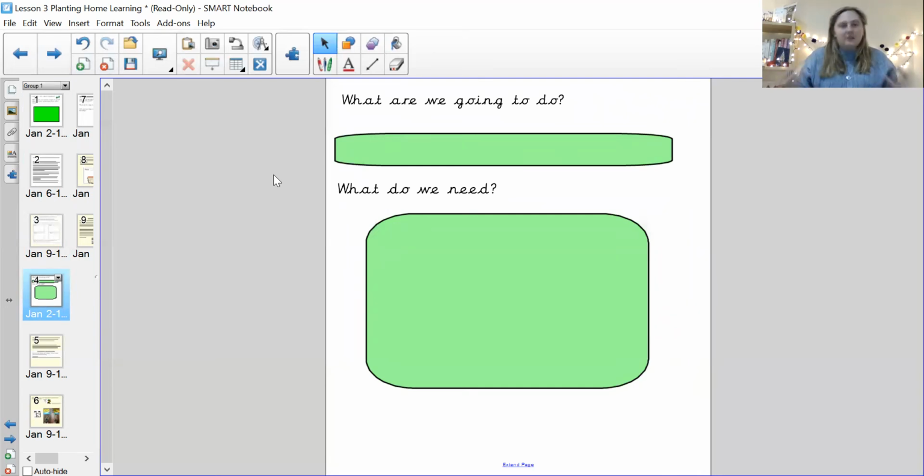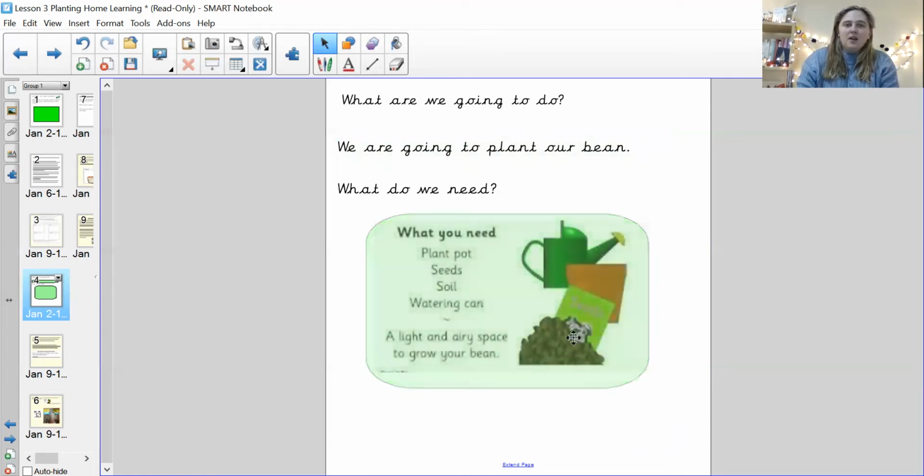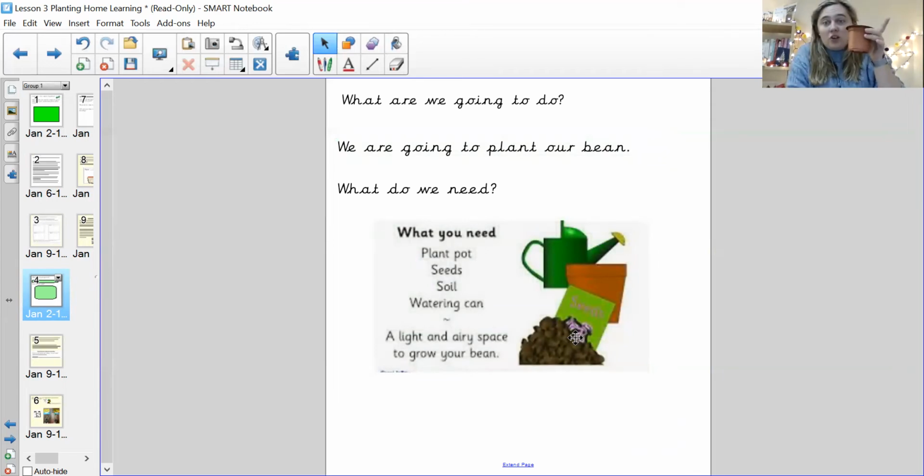So what are we going to do? Well, we're going to plant our bean. And what do we need? We're going to need a plant pot, some beans, some soil, got soil down here, a watering can.